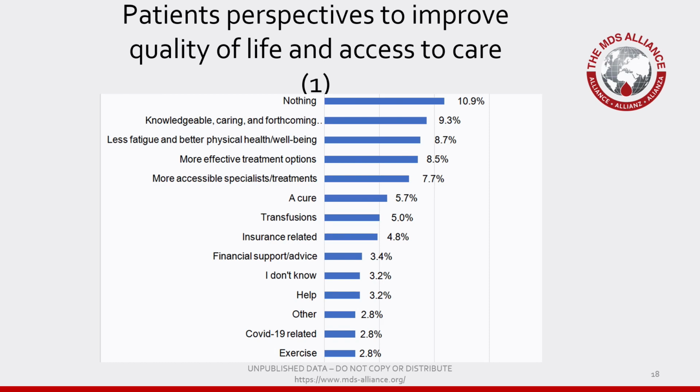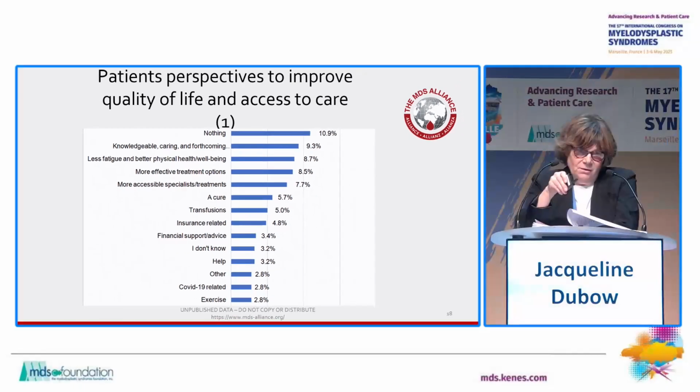But look, not even 3% of the patients are going through exercise. On the other hand, knowledge is important. And what people are asking for is less fatigue, whatever the cause of the fatigue is.